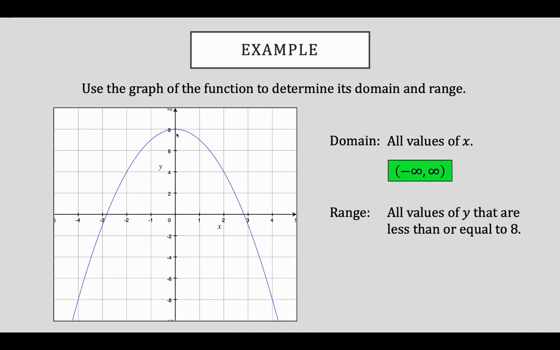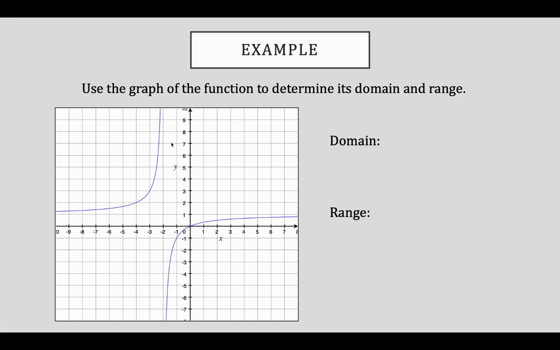Therefore, our range is all values of y that are less than or equal to 8. In interval notation, this would be parentheses negative infinity, comma 8 with a bracket. Notice the bracket around the 8, implying that this endpoint of the range is included. It actually hits 8.